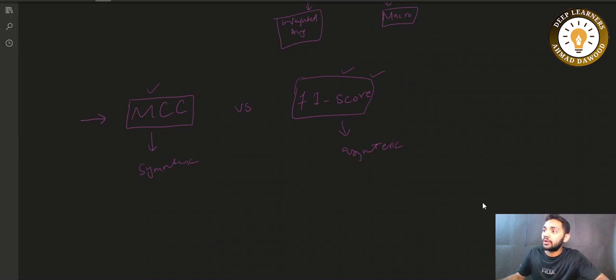Okay, so now you can ask why we can't use MCC in case of multi-class. The main advantage of MCC was that it is a formalized design, catering to all the cells: true negatives, false negatives, true positives, false positives.